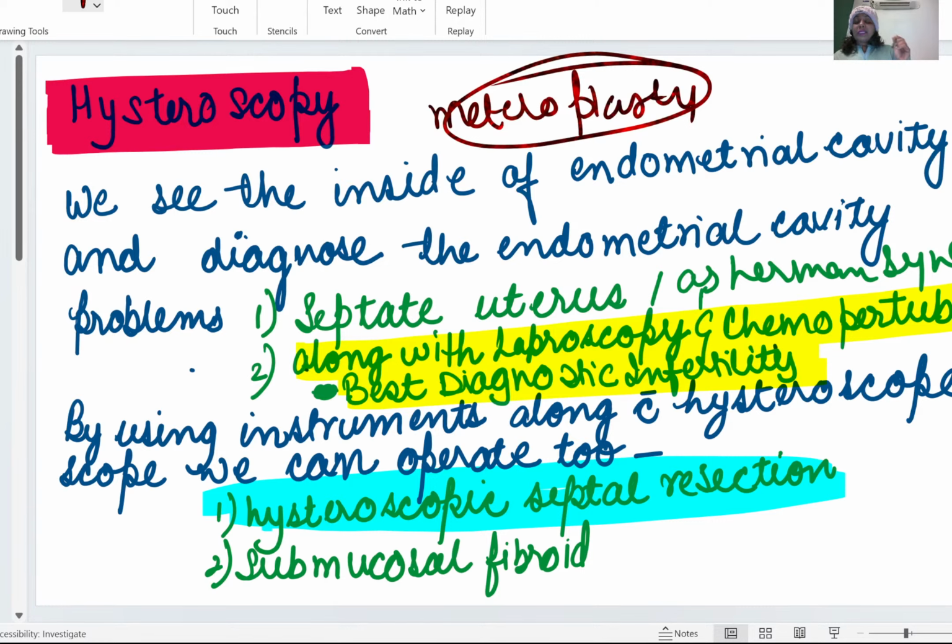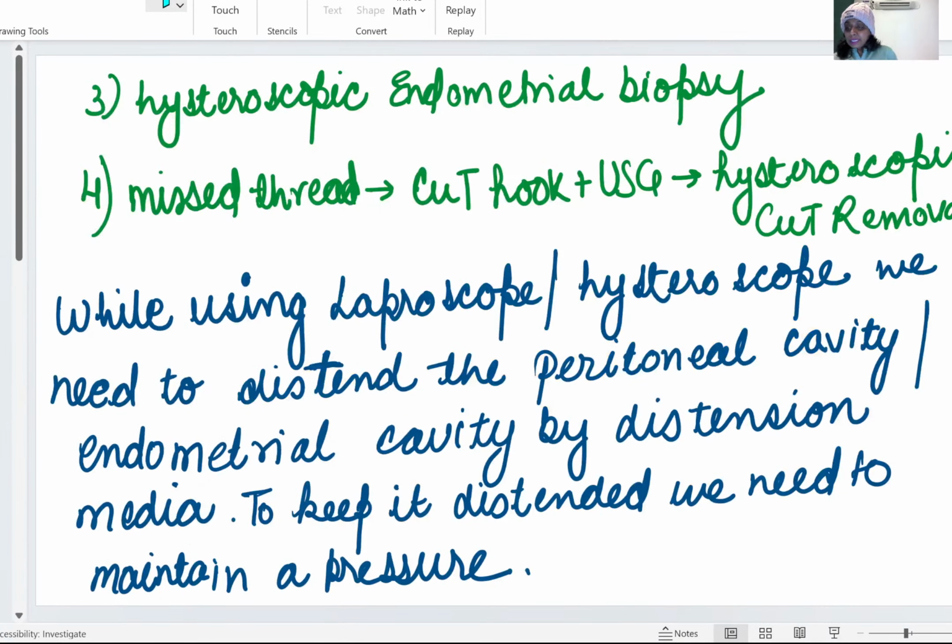Hysteroscopic removal of fibroid is not for subserosal. Submucosal fibroids are inside the endometrial cavity. These are exclusive FMG questions. Hysteroscopic removal of fibroid is for submucosal fibroid.